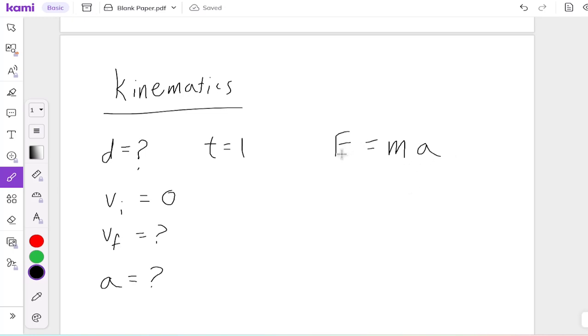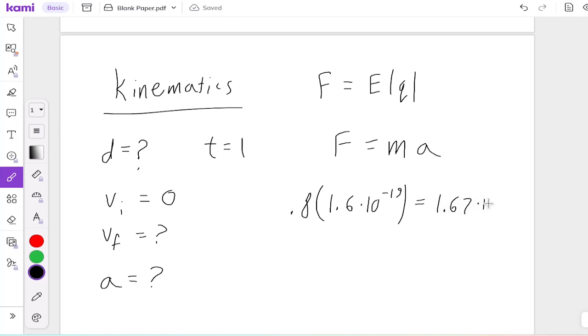So force, this is where I get to say F equals electric field times absolute value of Q. So electric field was 0.8. Q is 1.6 times 10 to the negative 19 equals mass, which I give. I say it's 1.67 times 10 to the negative 27th power. It's a fun number.